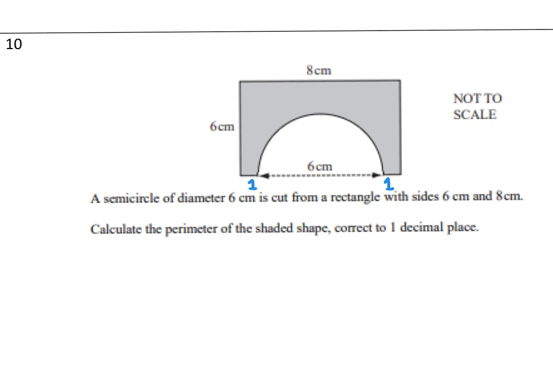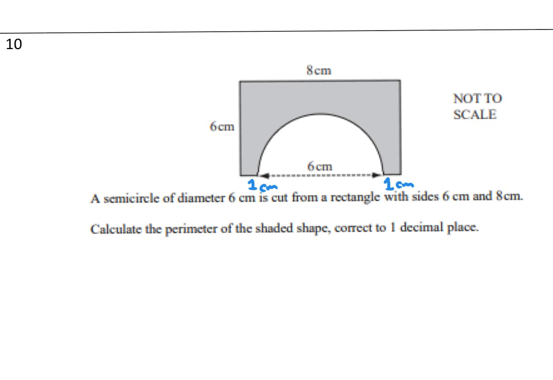So now we need to find the curved length. This is a semicircle, so the curved line is half the circumference. Circumference is 2 pi r, but this is half, so 1 pi r. Am I right? Yes, sir.